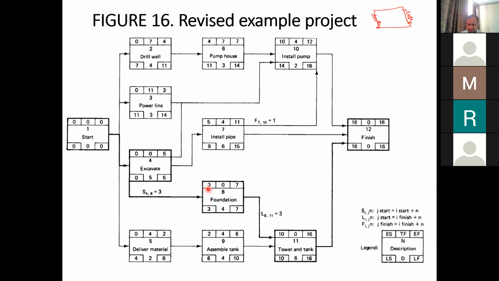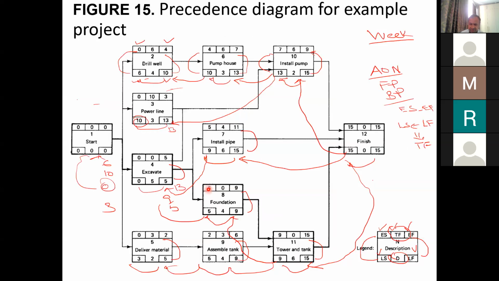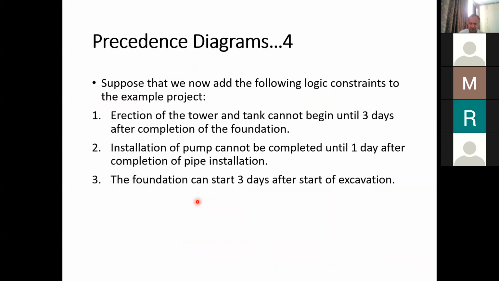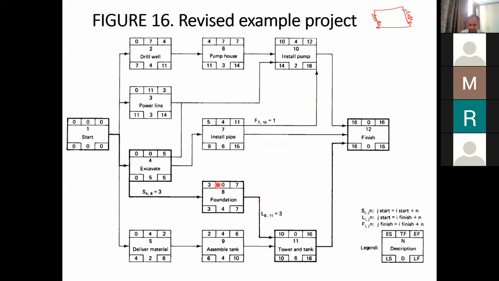Now the foundation is starting at 3 weeks, but earlier it was starting at 5 weeks. So now we can start the foundation 2 weeks earlier. These are the 3 changes, and according to these 3 changes, now the calculations have been performed.